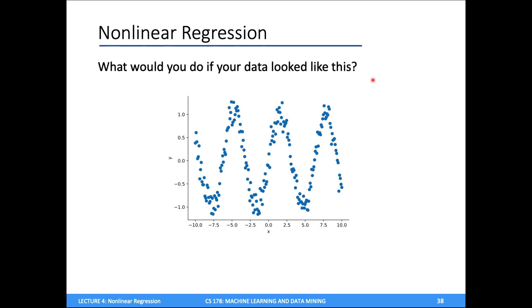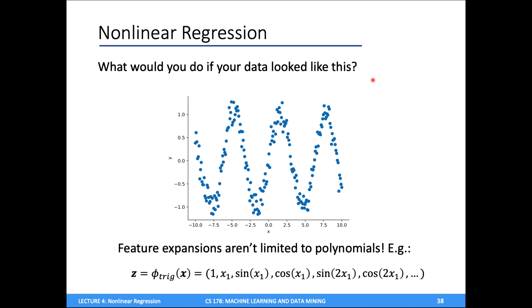So, got another question for all of you. What would you do if your data looked like this? Any thoughts? Yeah, so it said cosine. So rather than doing a polynomial feature expansion, we could do a trigonometric feature expansion.